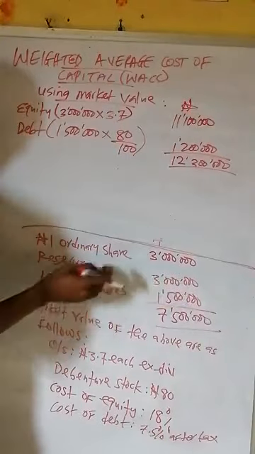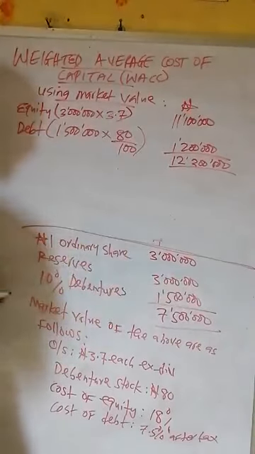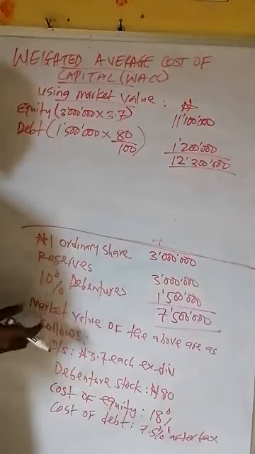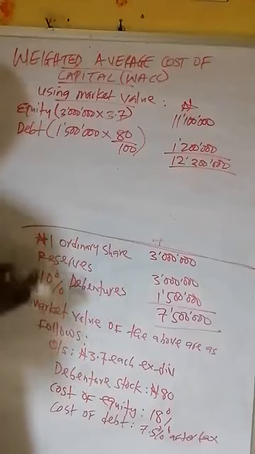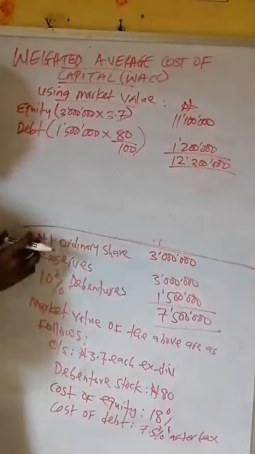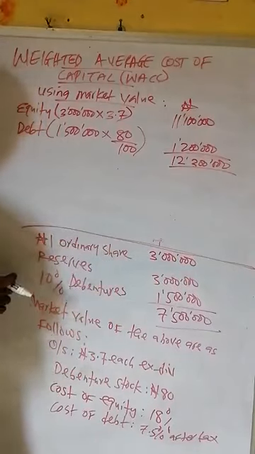This is the unit. We have this 3 million here basically just because it is 1 naira per share. Now in the case of the debenture, assuming the par value was 50, you would divide by 50 to get the unit and multiply it by this.